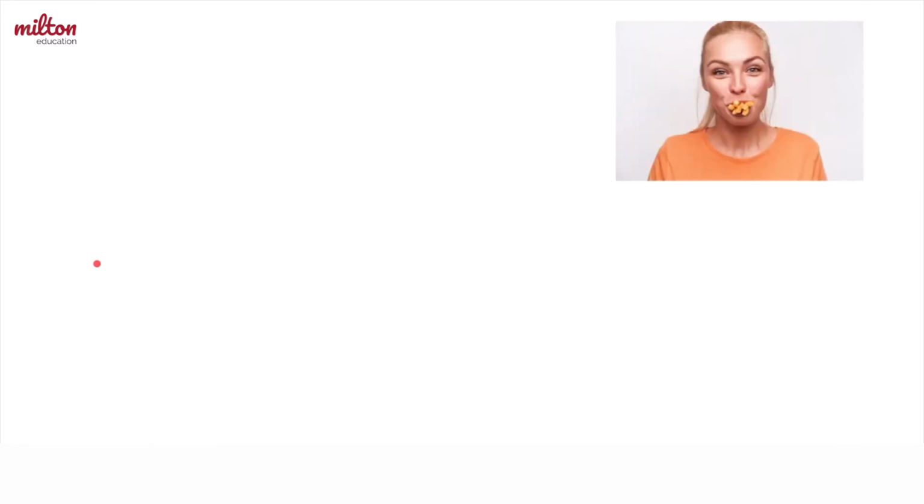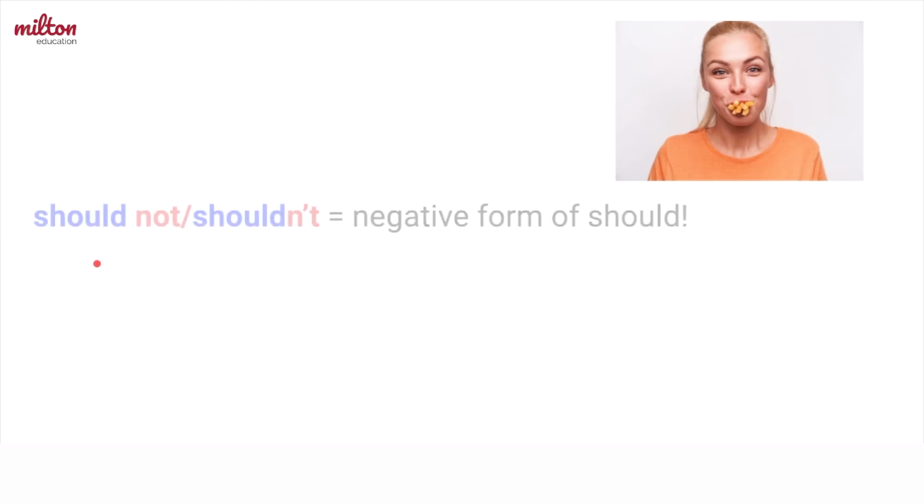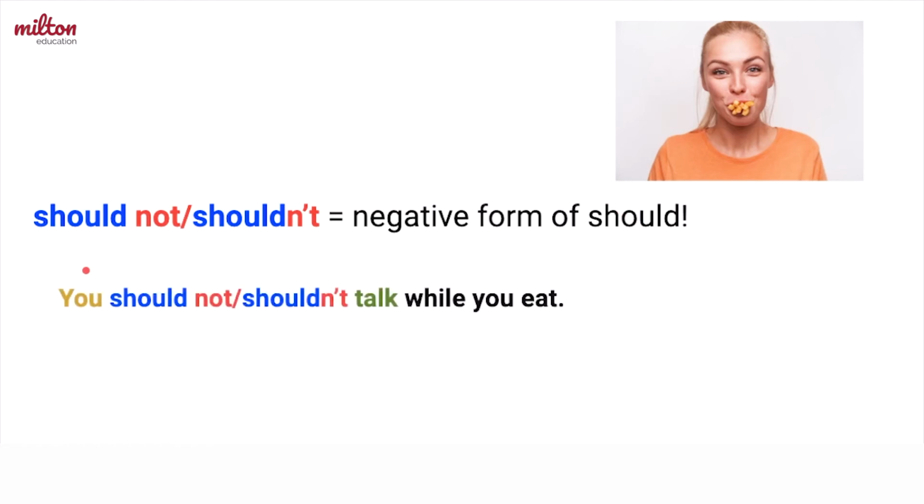Of course, as you can probably imagine, should also has a negative form. The negative form of should is should not, or its short form, shouldn't. It appears in sentences like this. You should not, or you shouldn't, talk while you eat.